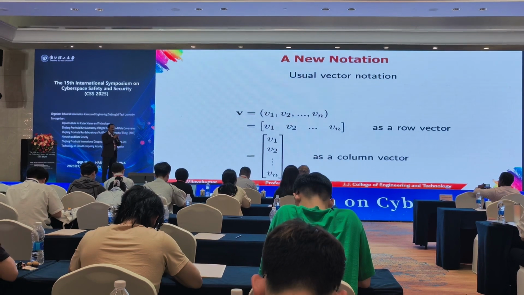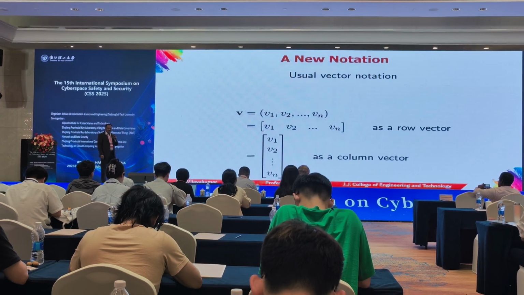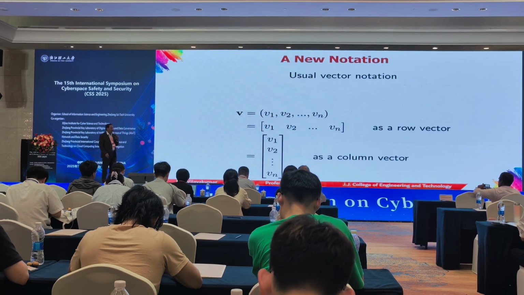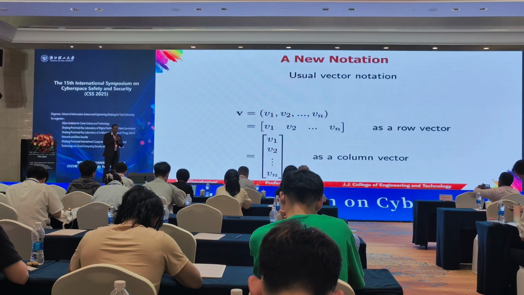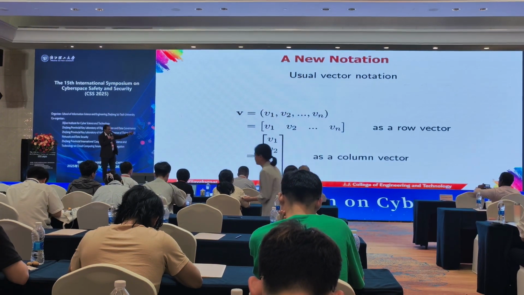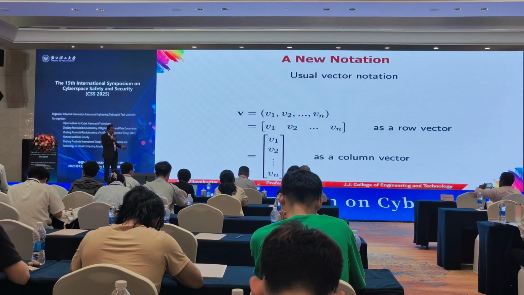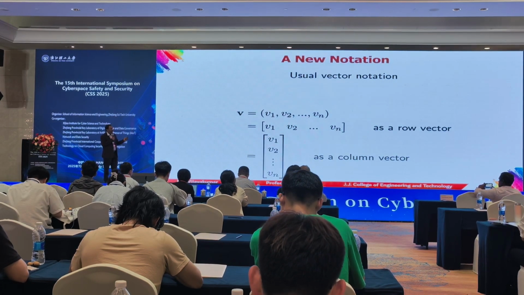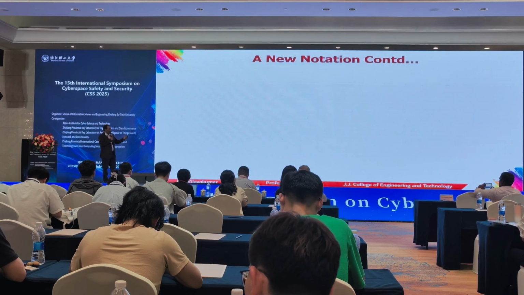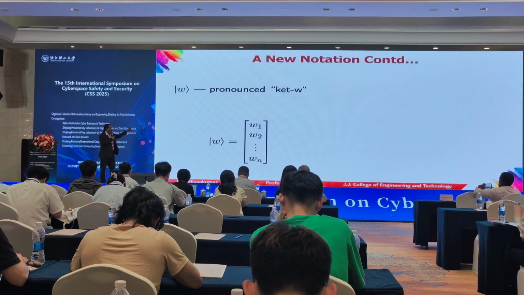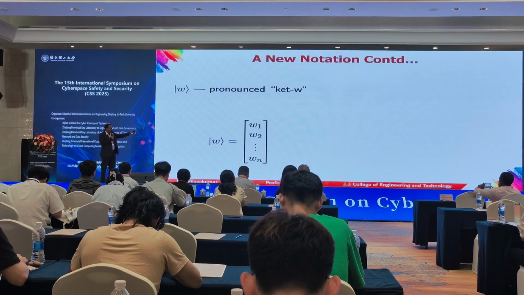So this is the normal notation. Normally, in order to represent a vector, we will be using this notation. P is a vector. It can be a row vector or a column vector. So the first one is a row vector, and the second one is the column vector. Using this, we will be entering into a new notation. First notation is ket. This is called a ket. Ket means it is a column vector.